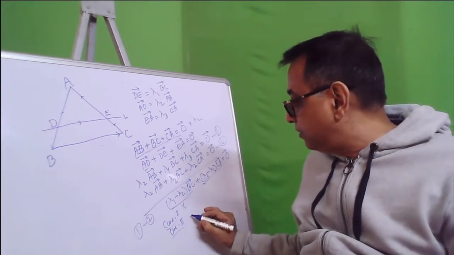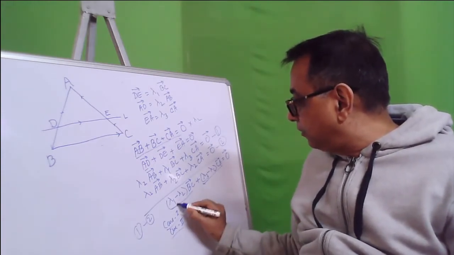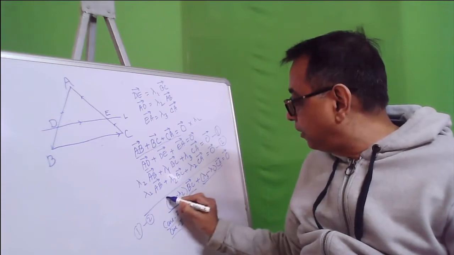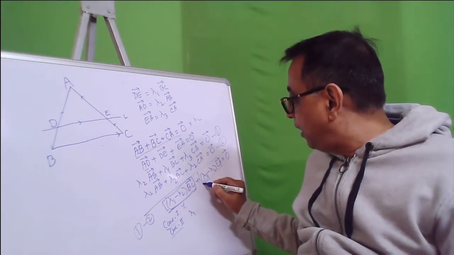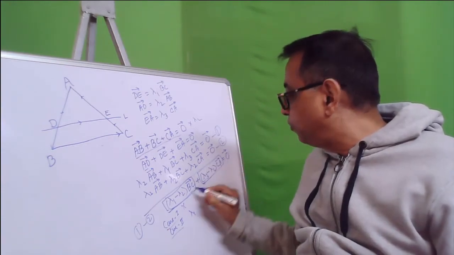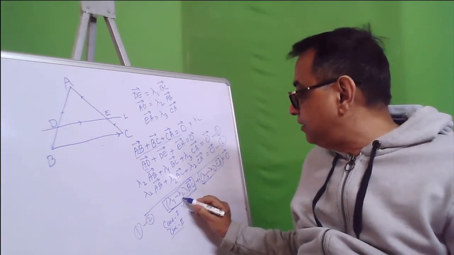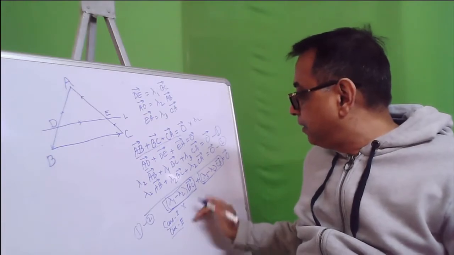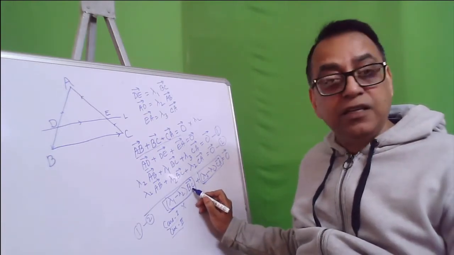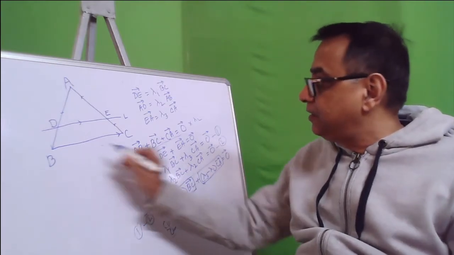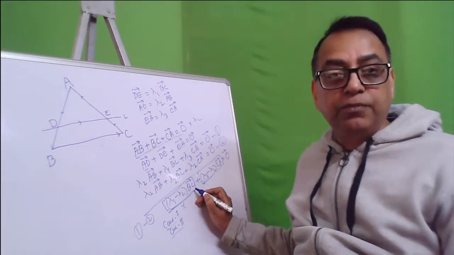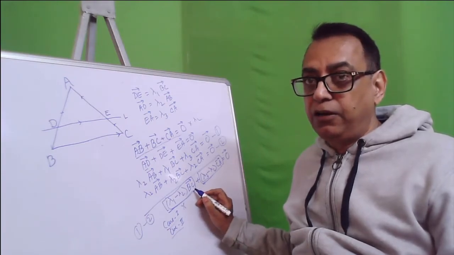So this is 0 and this is 0. Now, this is 0 means, BC is not 0, because BC is a part of a triangle. The length of BC cannot be 0. So BC cannot be 0.